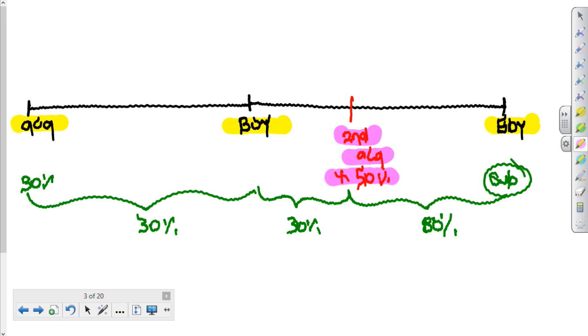And then I need to worry about the percentages, because when I look at, say, retained income, then from acquisition to beginning of year, my share is 30. From beginning to second, my share is 30. From second to end, my share is 80, isn't it? So even if I'm just looking at percentages, I must make sure that those are correct.